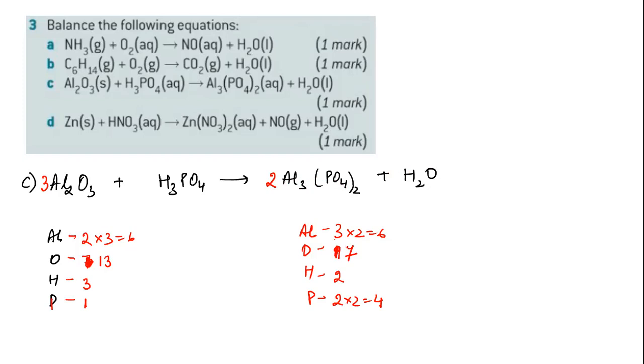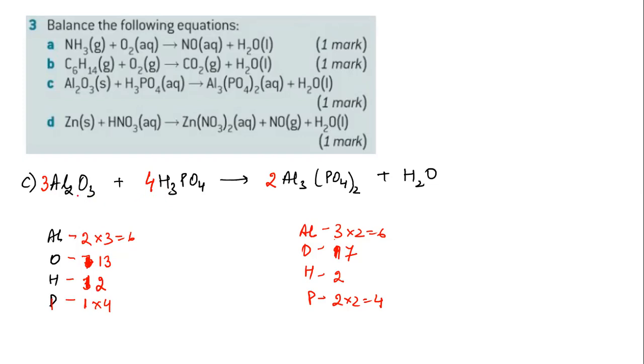Okay, now what we have, now this 4, multiply this by 4. If I write 4 this side, this will become 4 into 3, 12.